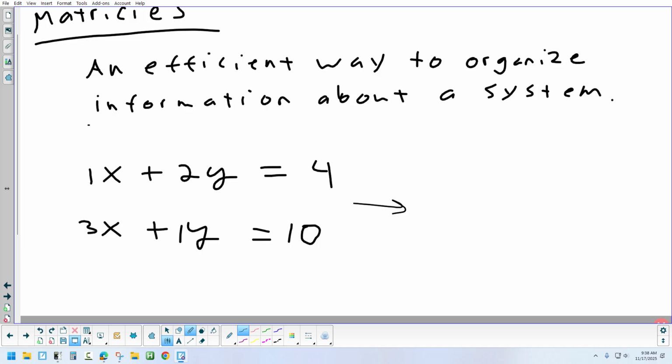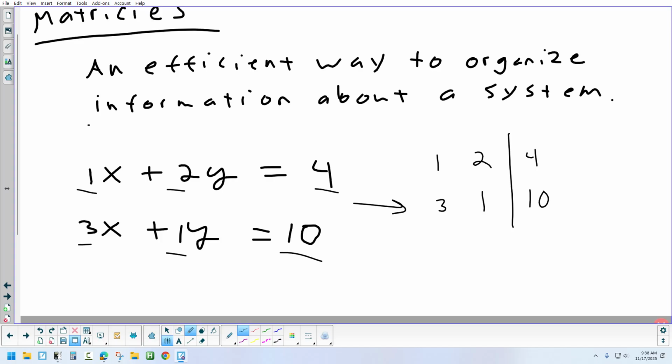So when we write something as a matrix, we can take all of that information and on paper represent it like this. What I wrote on the right-hand side, that's called the matrix representation of this system of equations. It just basically looks at the numbers, 1, 2, 4, that's my top row, 3, 1, 10, that's my bottom row.